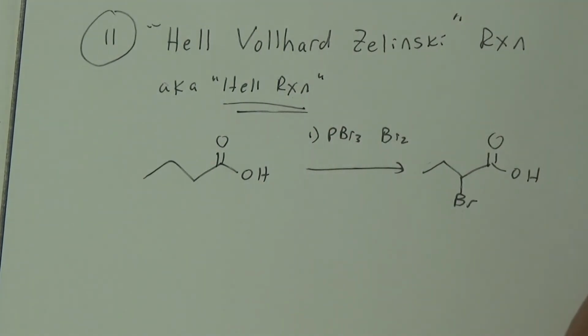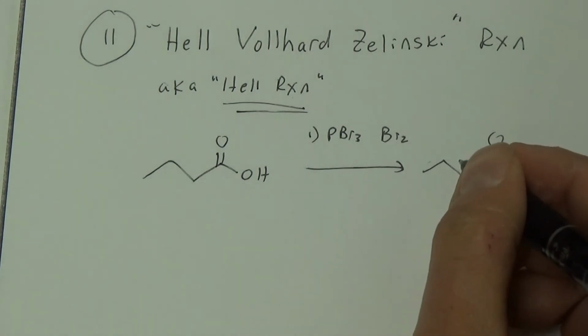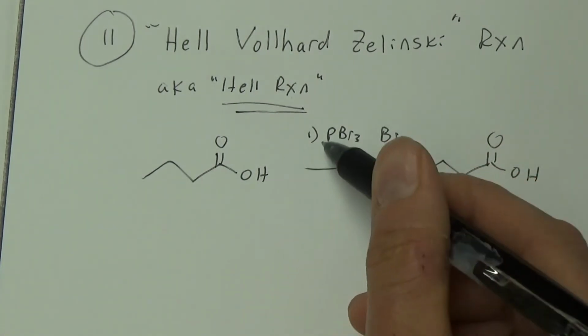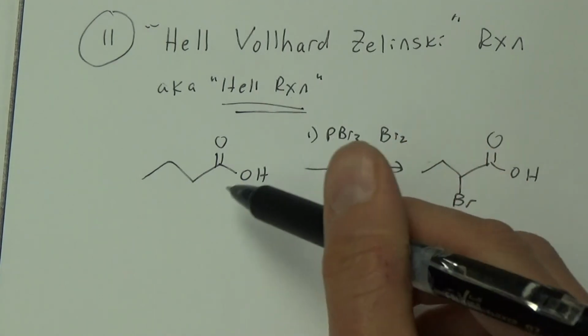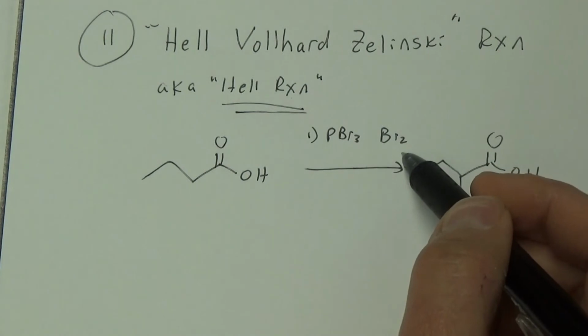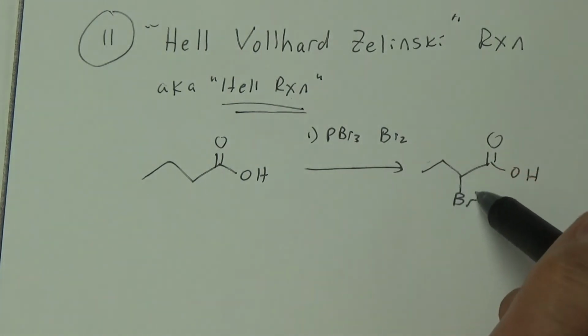PBr3, we talked about how it can make an acid bromide, right? So this will go through an acid bromide intermediate. Br2 is really going to be the source of the bromine at the alpha position.